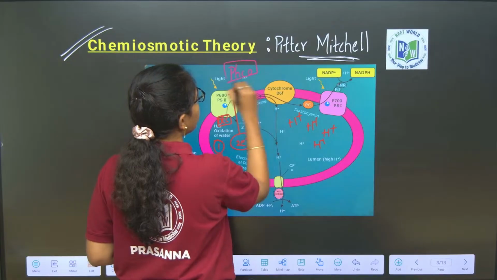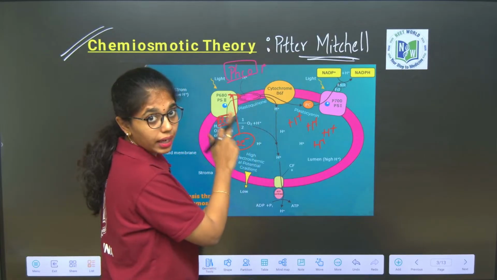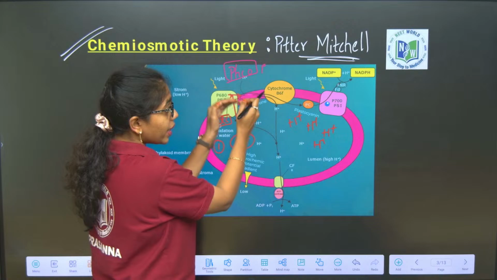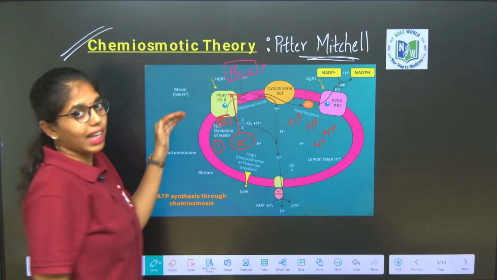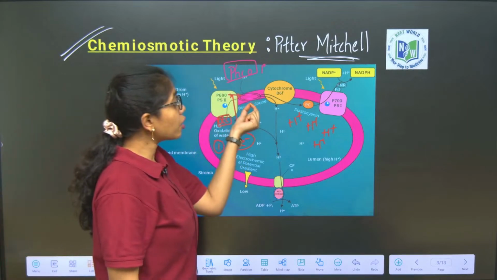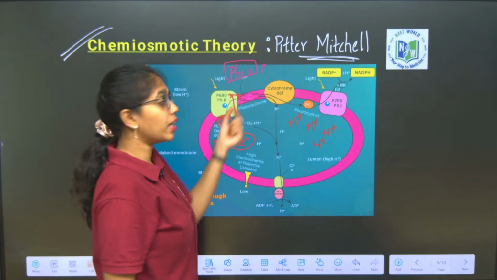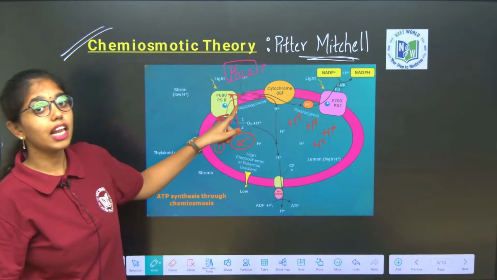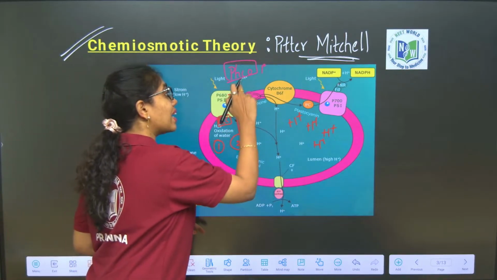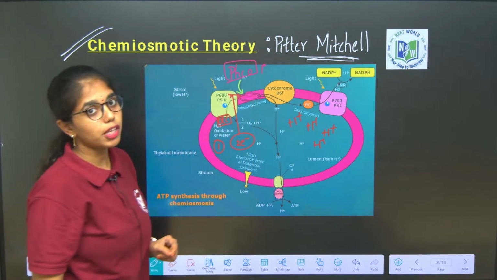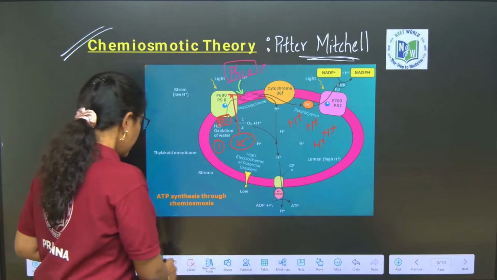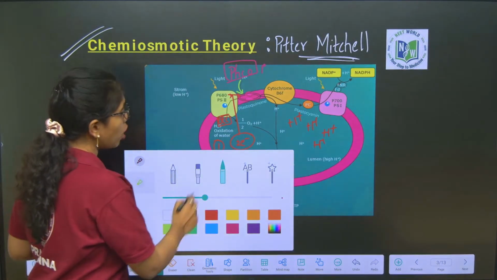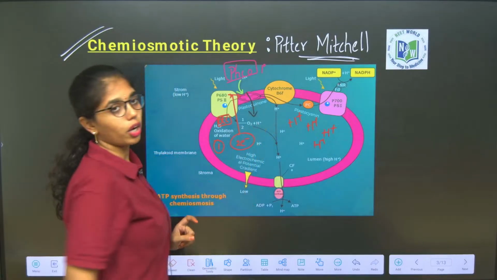That pheophytin is located towards the outer side of the thylakoid membrane, and the electrons are given to plastoquinone. This plastoquinone is not just an electron carrier, but it parallelly accepts the protons from the stroma as well, and delivers those protons to the lumen of the thylakoid.